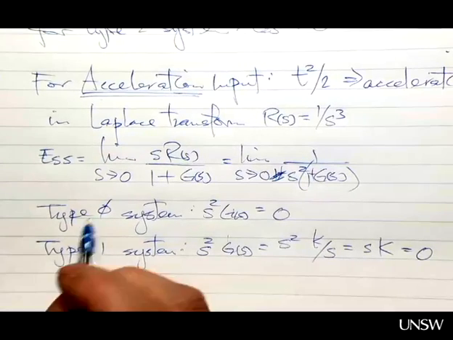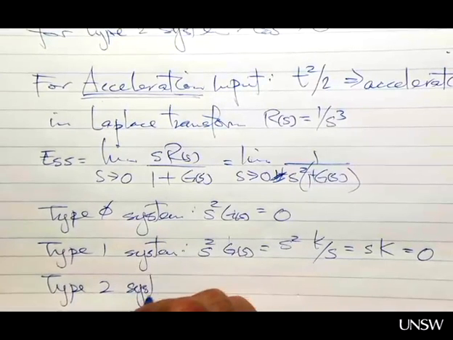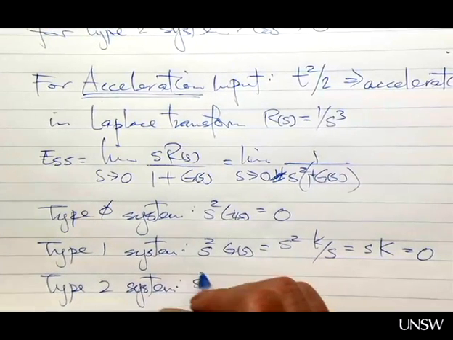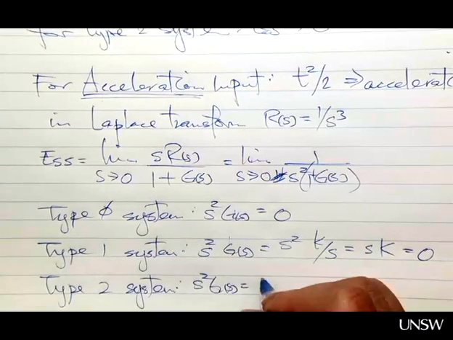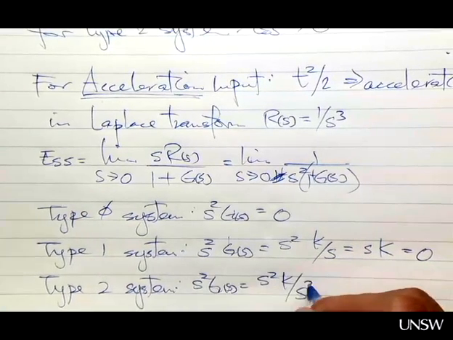And then for the type 2 system, we have s squared G of s, s squared K, and for the type 2 system it is s squared here.